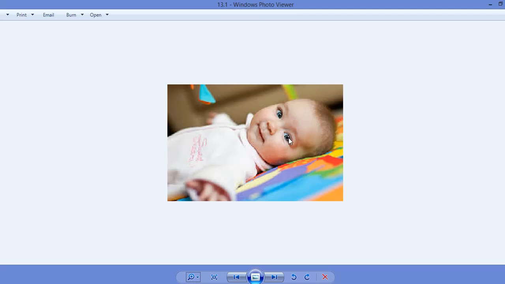The cycle of the lacrimal fluid, which is secreted from the lacrimal gland over here. The lacrimal gland is over here, and from this lacrimal gland, the lacrimal fluid is secreted into the eye, and this is absorbed towards the nose, into the lacrimal sac.